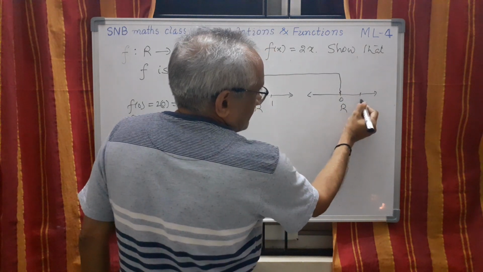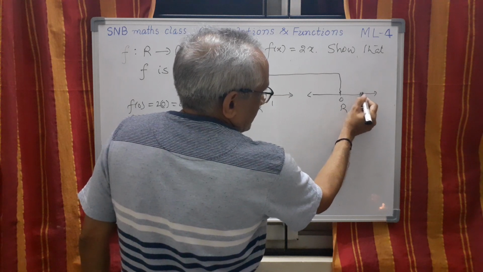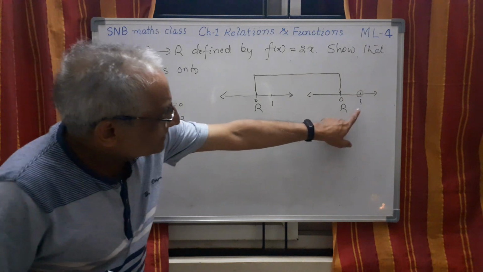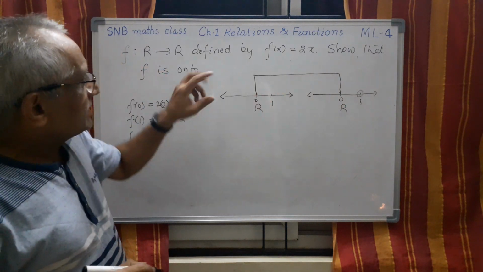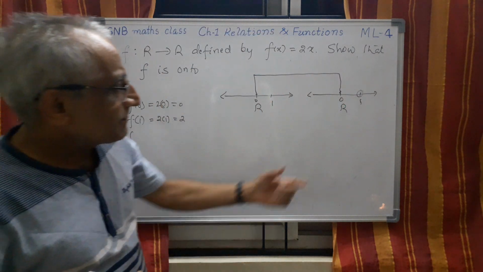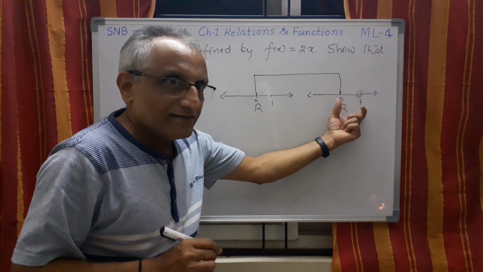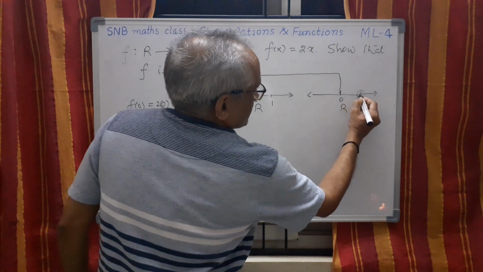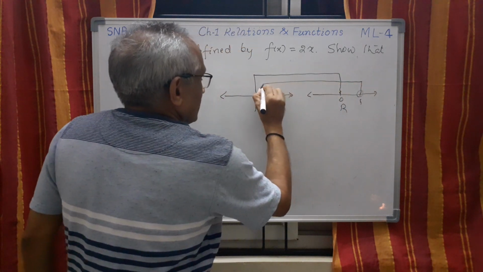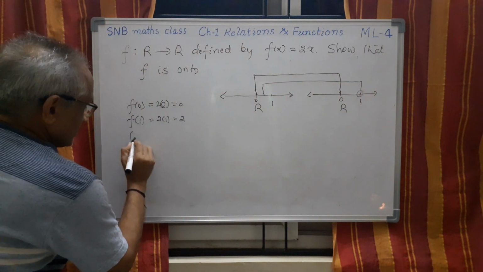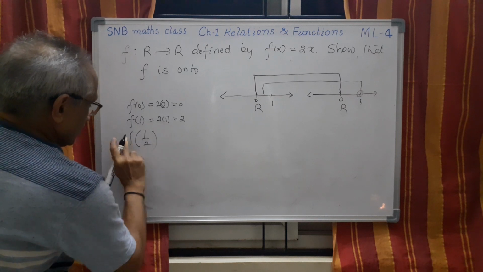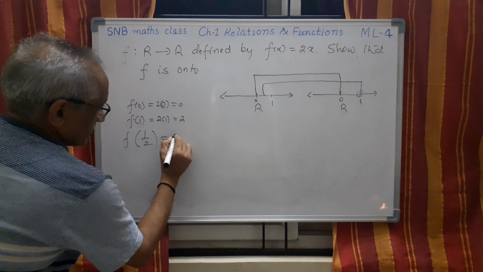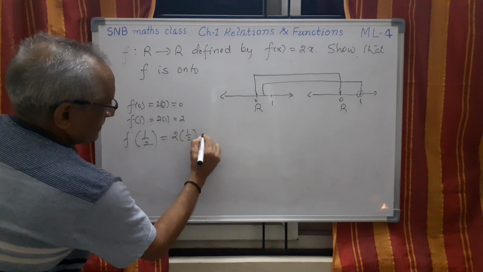Suppose you take 1 as the number; what is the pre-image of this 1? If it is onto, every element here should have some pre-image here. Here this 1 will come from half, because f of half by definition is 2 into half, which is 1.